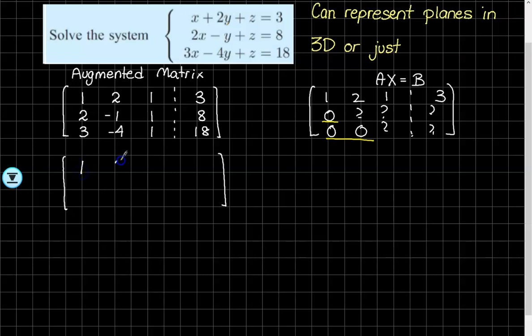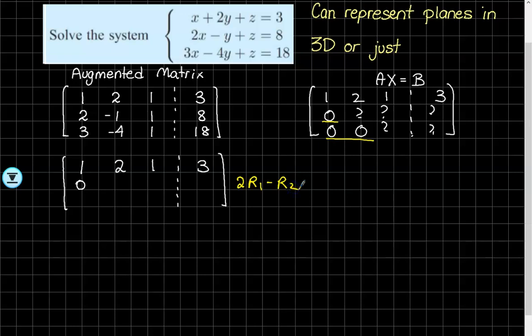So we write this, we go 1, 2, 1, 3. And now what we want to do is we want to end up with a 0 here. So in order to do that, we are going to say 2 lots of row 1, 2 times this, so make that a 2. 2 times that minus row 2.